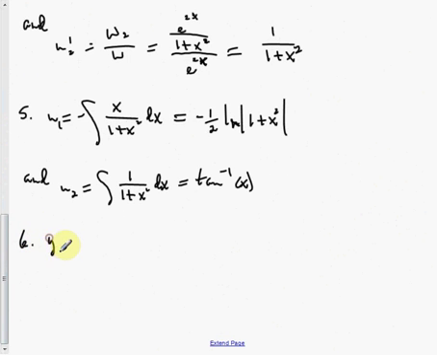So step 6, y sub p is y sub 1 times u sub 1 plus y sub 2 times u sub 2.